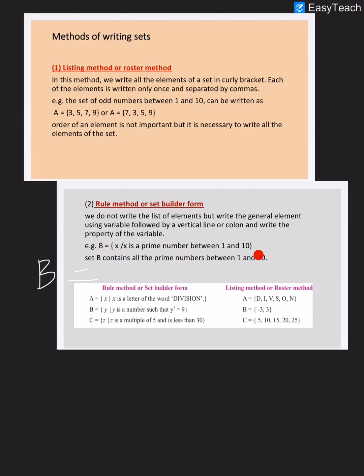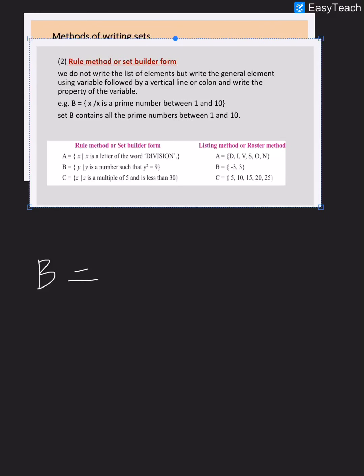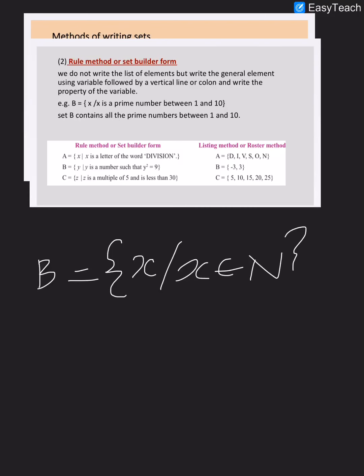We represent it using a variable and write the conditions. You can see the example: B is equal to, within the curly brackets, a variable x such that x belongs to N, and different conditions we can give. You can see examples.